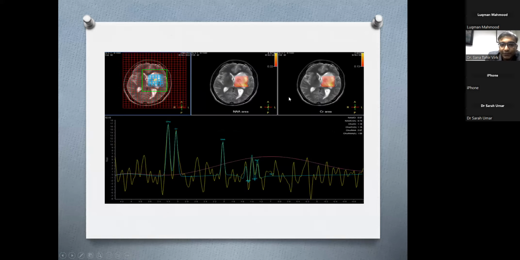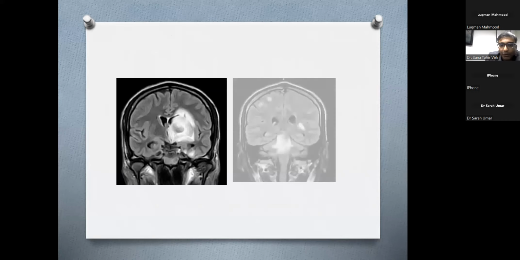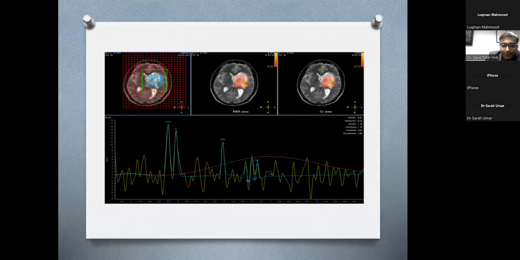brain. Now this again is the MR spectroscopy. This was done to differentiate whether this process is an infective or malignant disease process. So what do we see here? Choline peak.